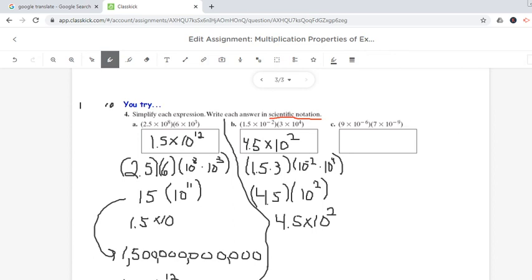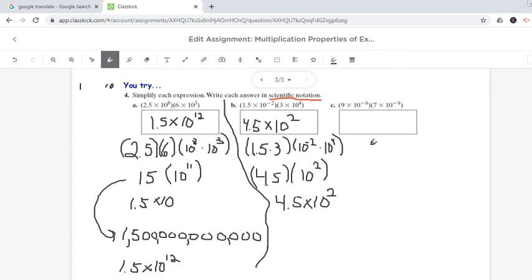Okay, and the last one. So we'll put the numbers together, so 9 and 7. So 9 times 7. And then we'll put the numbers with exponents together.